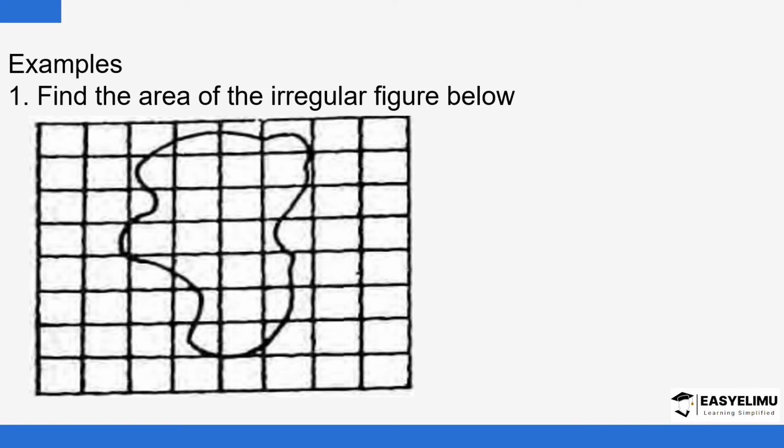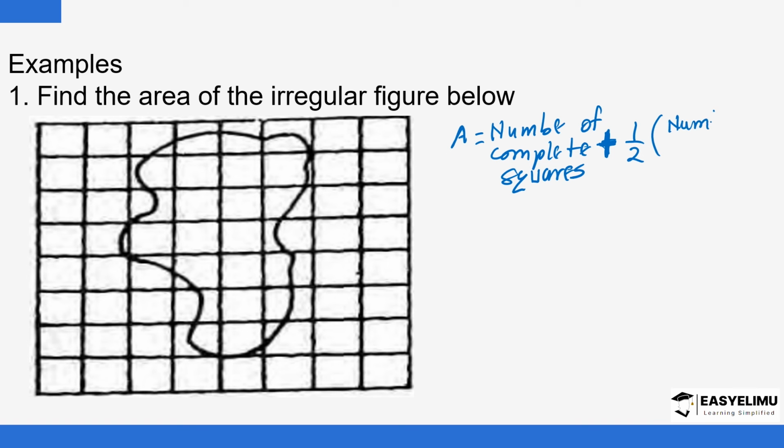You first of all start by writing down the formula. So area is given by number of complete squares plus half the number of incomplete squares.